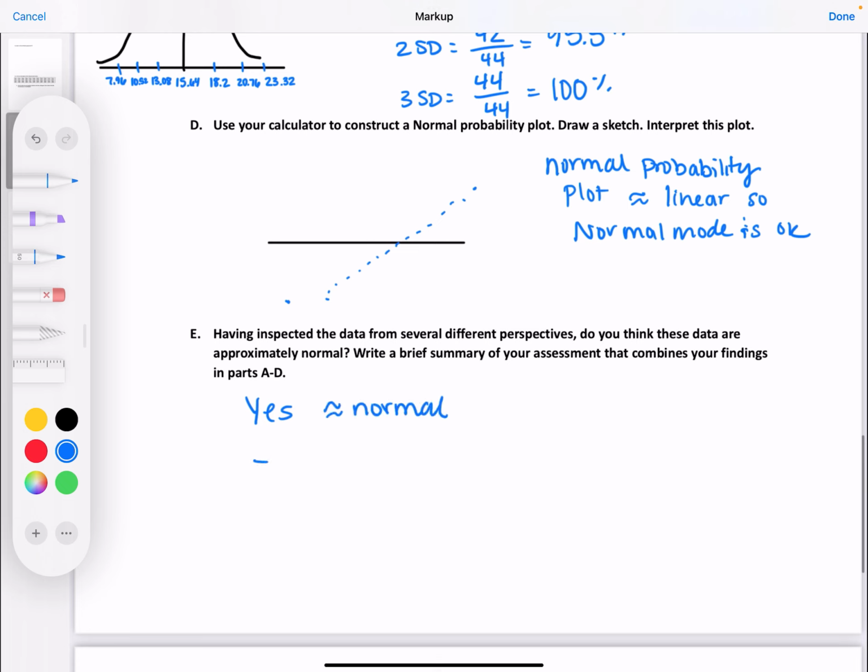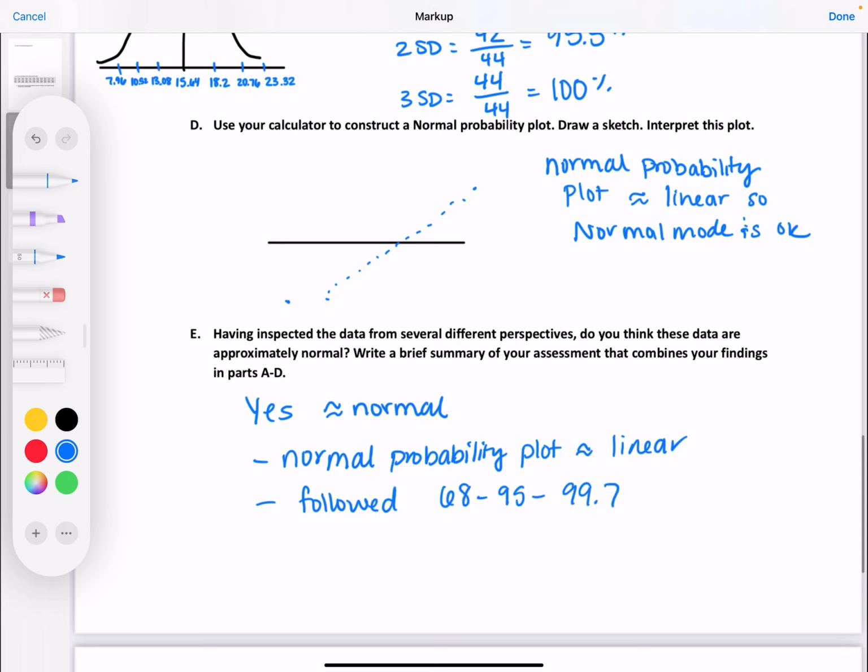I would comment that the normal probability plot is approximately linear. It followed the 68, 95, 99.7 rule.